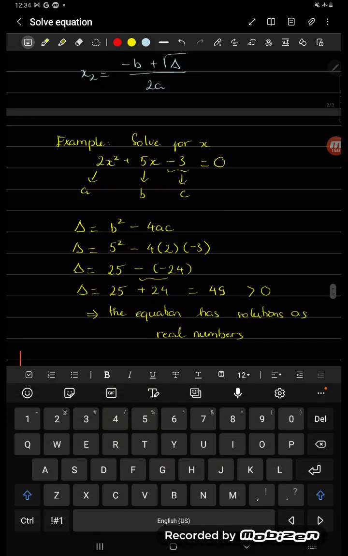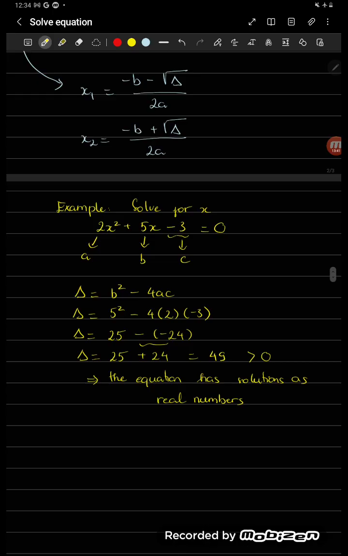Now you only need to apply the formula above to calculate the solutions. We know that x1 equals negative b subtract square root of delta over 2a. Here negative b means negative 5, and delta we calculated above is 49, so the square root of 49, over 2a, where a is 2, so 2 times 2.